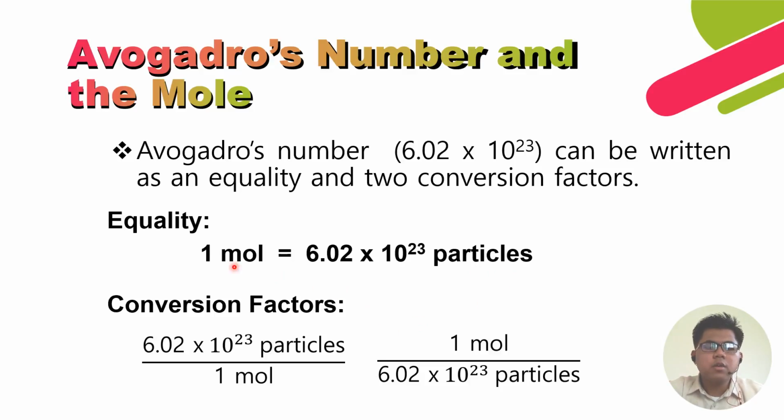So, if we're going to make a conversion factor, pwede po siyang ganito. Sa kada 6.02 times 10 to the 23 particles, ay mayroon tayong 1 mole. This is the same with 1 mole. So, sa kada 1 mole, ay meron din tayong 6.02 times 10 to the 23 particles.